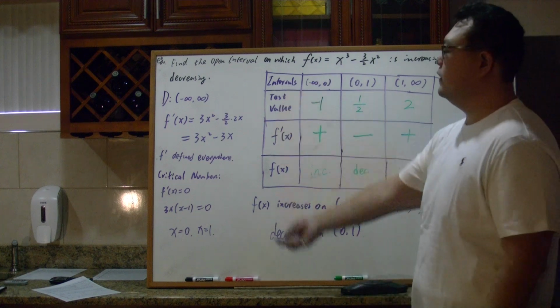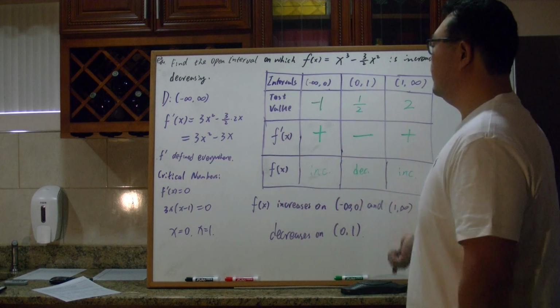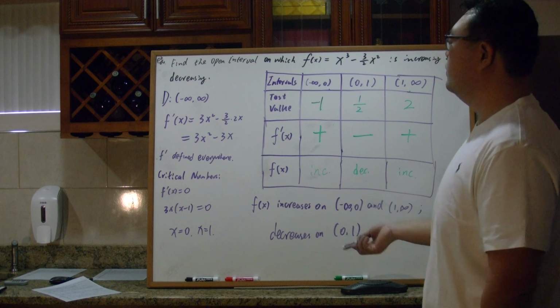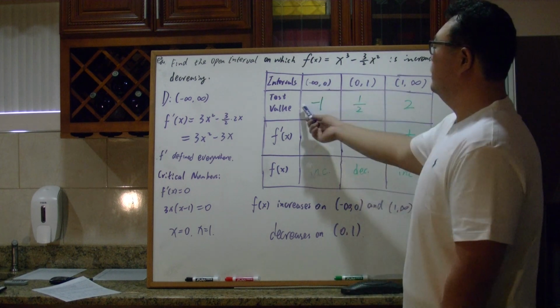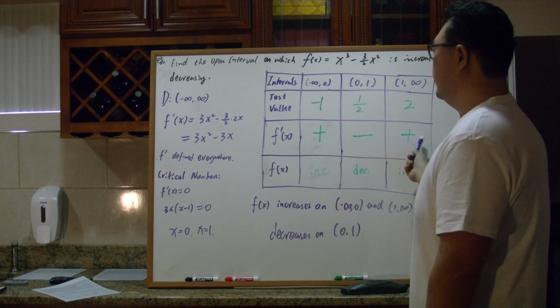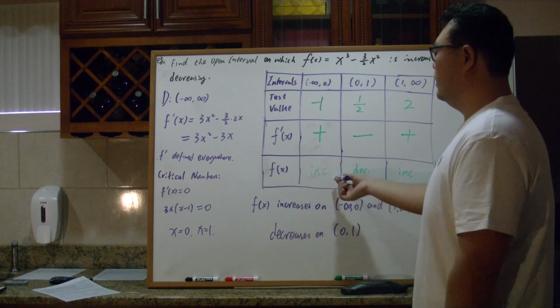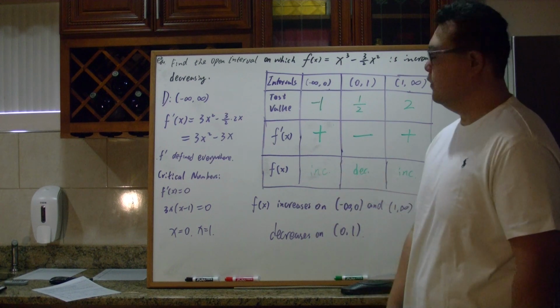To find the derivative, find the critical numbers, then use the test value to build a table for the intervals, find the sign of positive or negative, then finally the conclusion for f of x.